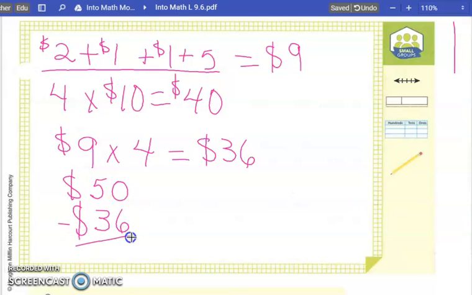So we're going to have to subtract here. We're not going to buy anything else. We're subtracting to see how much money she has left over. So she would have $14 left over. Maybe they could buy a snack later in the day. Okay? So Frida would have about $14 left.